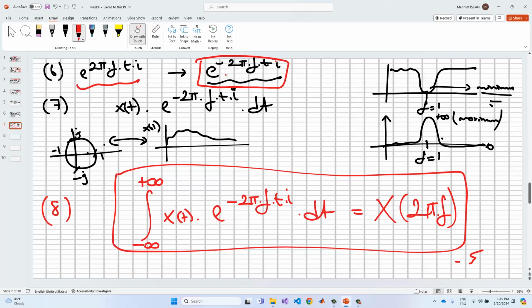Yes, and so this point represents the specific frequency. And so this transform gives us our pattern, our frequency. And so this is the dt integral term. Why? Because we have the infinite range in here, minus infinite and plus infinite, right?